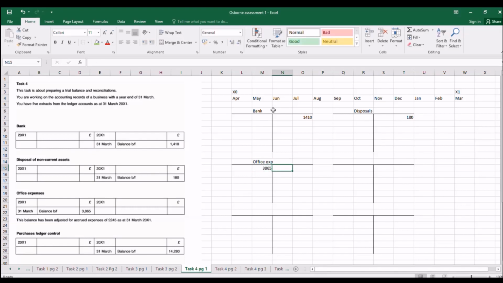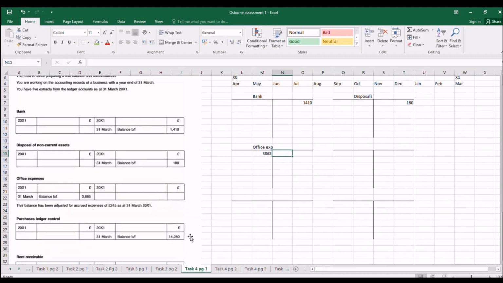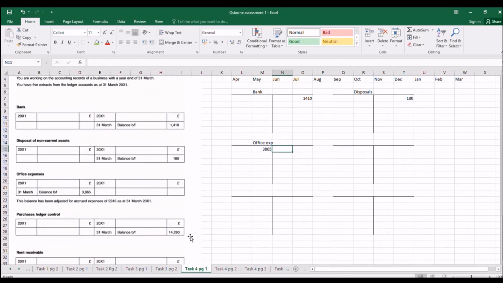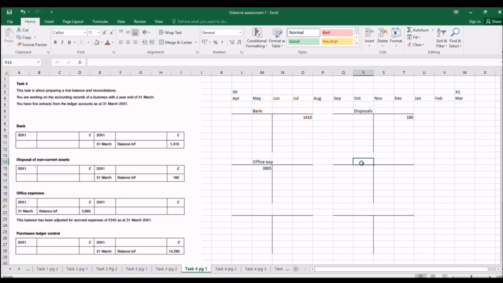This balance has been adjusted for accrued expenses. Let's see. Alright, okay. Let's have accrual. Let's use the terms that they're using. Accrued expenses then of 245.